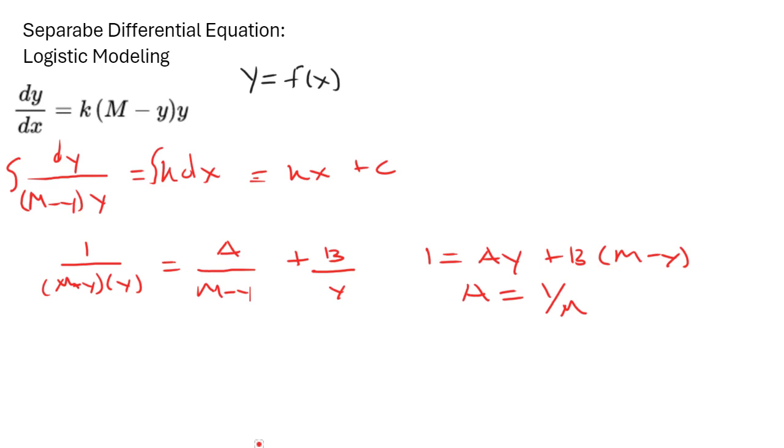If you plug in 0 for y, you would similarly get that b is equal to 1 over m.